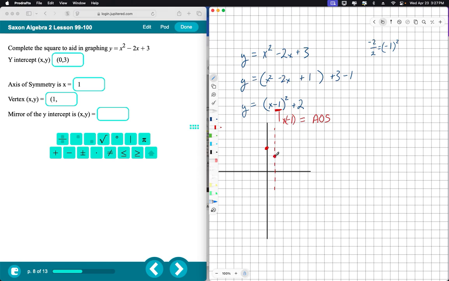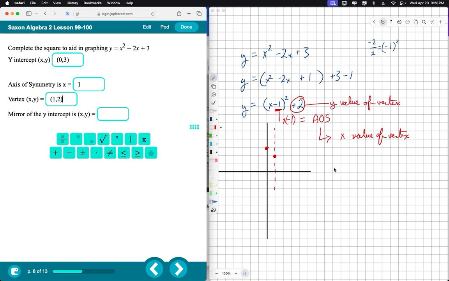That is going to be our vertex of our parabola. So that's what this number is. It is the y value of the vertex. And the axis of symmetry is the x value of the vertex. And the vertex is just the place where it hits bottom and then starts to come back up. So our number here is 1, 2.